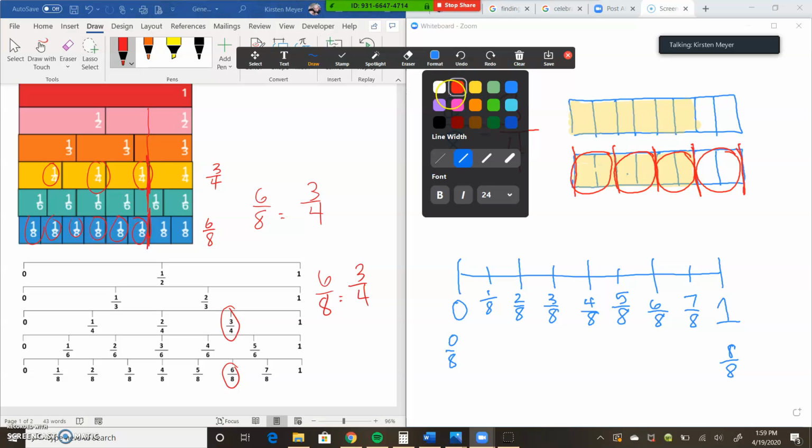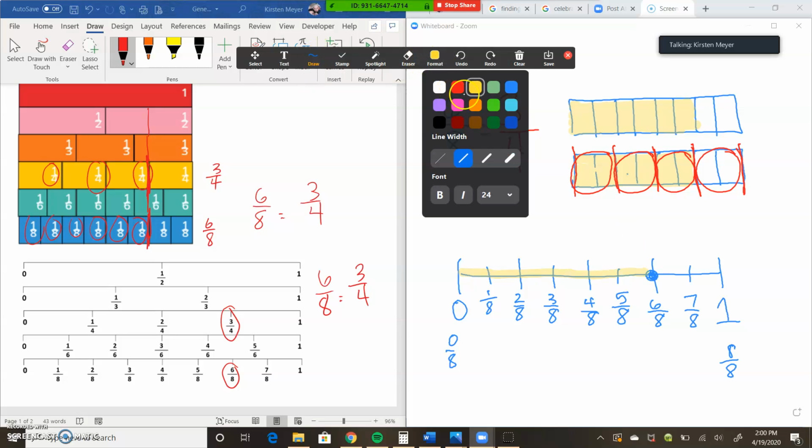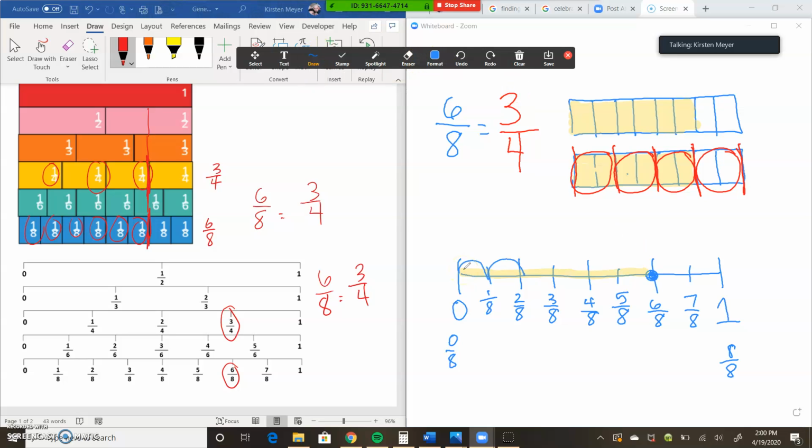And I started with 6/8, so I want to put my dot here, and just so I can show other mathematicians my thinking, that means I had 1, 2, 3, 4, 5, 6 eighths, or I made 1, 2, 3, 4, 5, 6 hops. Okay, but I said I also wanted to see what I could do with the same amount, but representing it a different way.